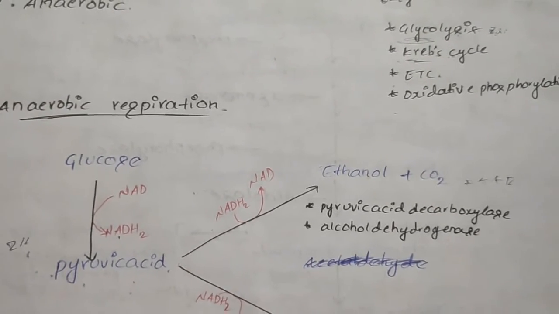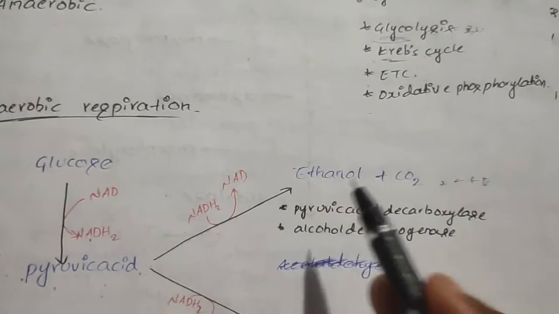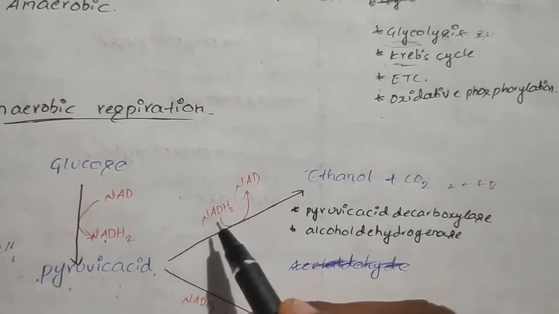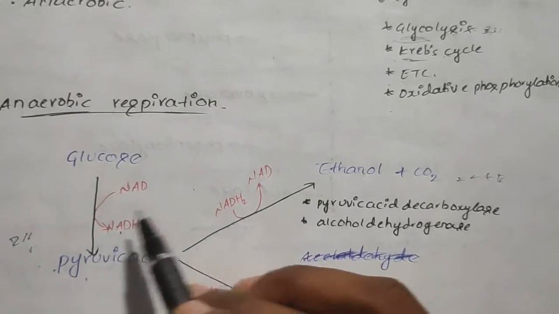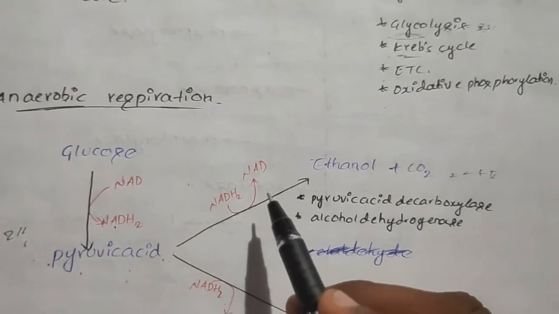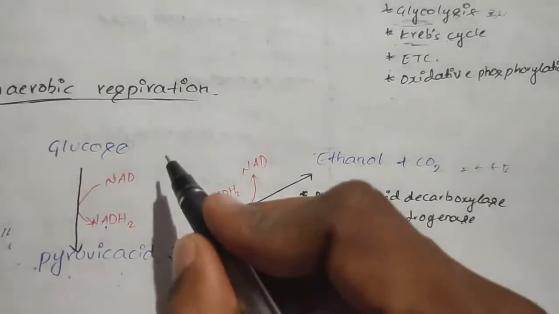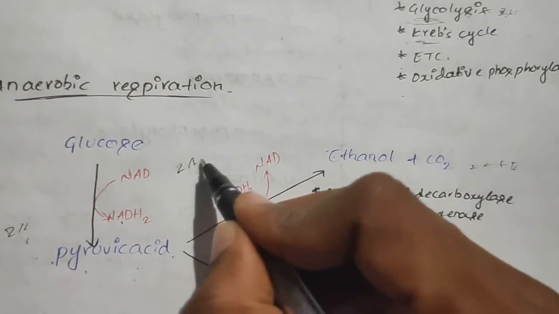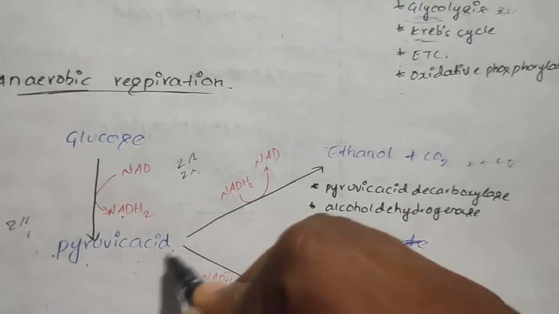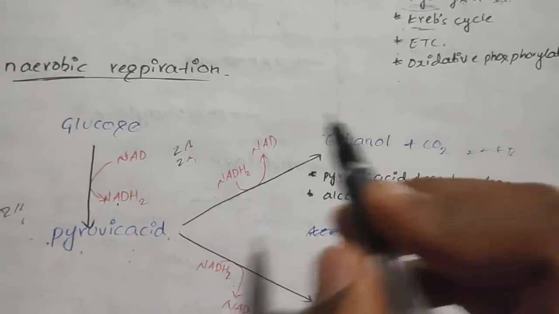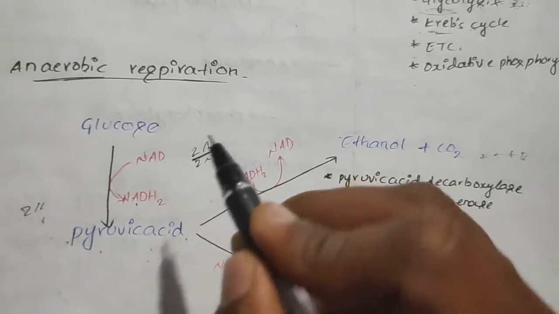Anaerobic respiration takes place, where the pyruvic acid breaks down into ethanol, and ethanol is the energy for that bacteria. In this process, the NADH2 produced in glycolysis is lost. So the final ATP is the only ATP, because in glycolysis we got 2 ATPs and 2 molecules of NADH2, and these 2 molecules of NADH2 are lost to convert pyruvic acid into ethanol, and finally we get only 2 molecules of ATP.